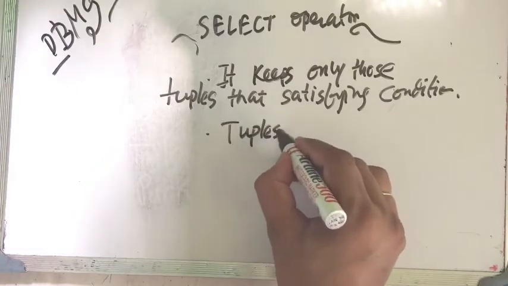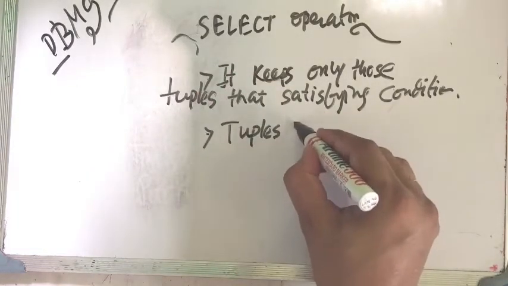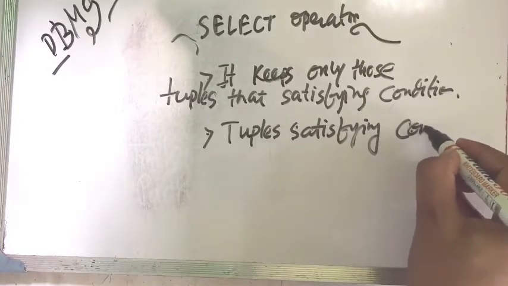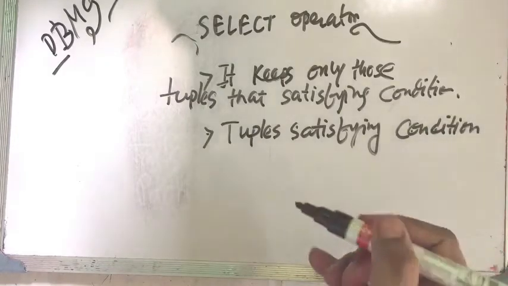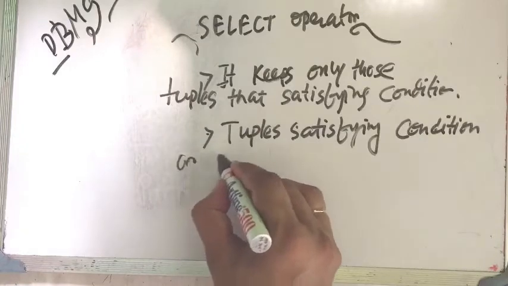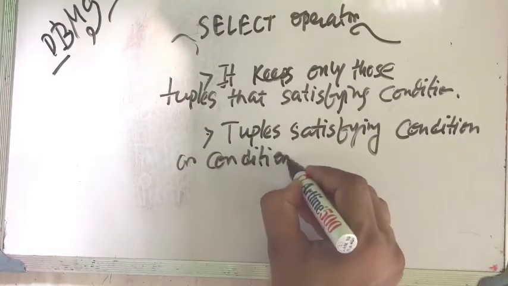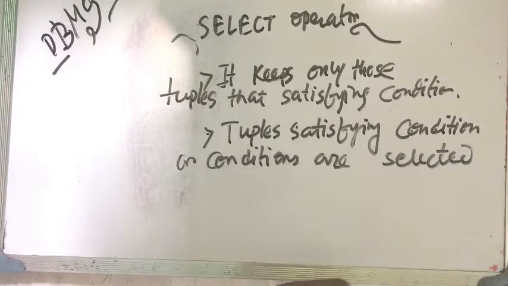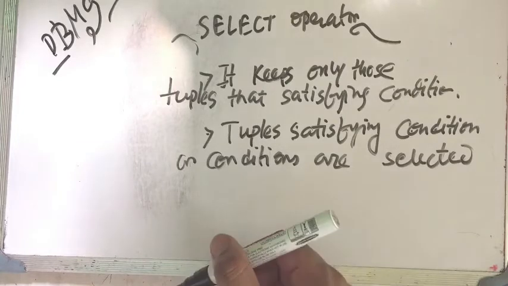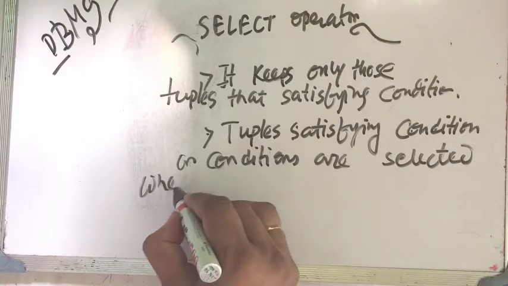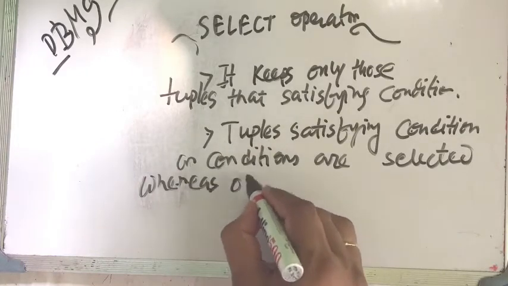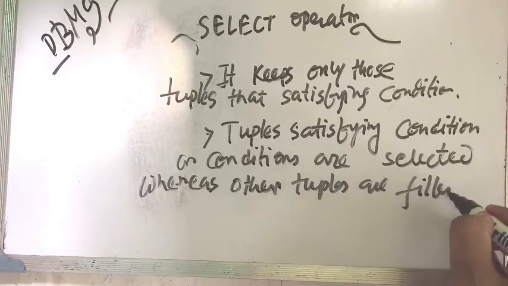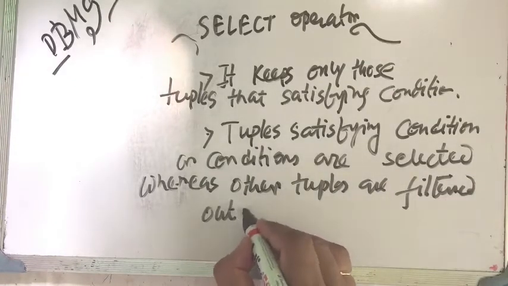Next, the points: tuples satisfying the condition. We can use one condition or more conditions. Tuples satisfying the condition or conditions are selected and displayed, whereas other tuples are filtered out.